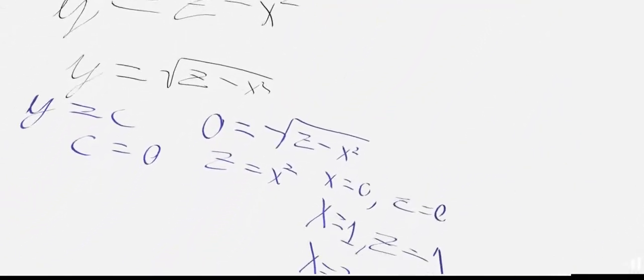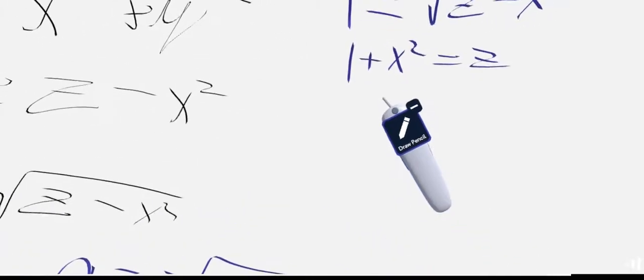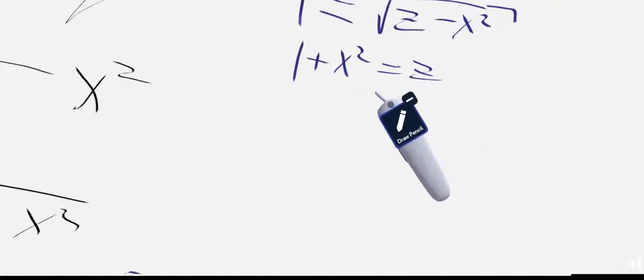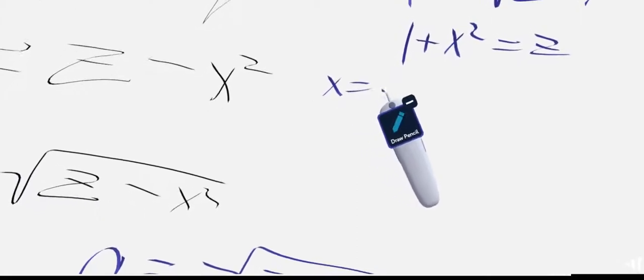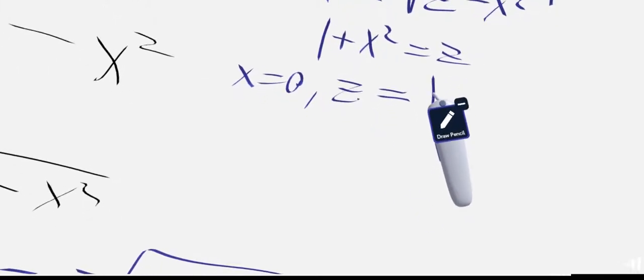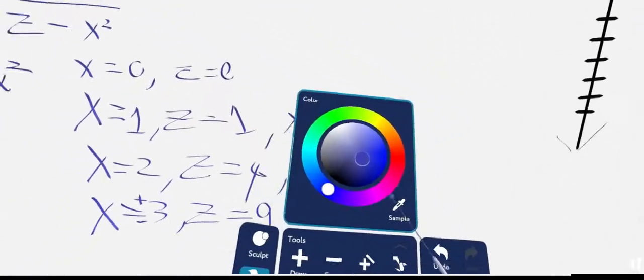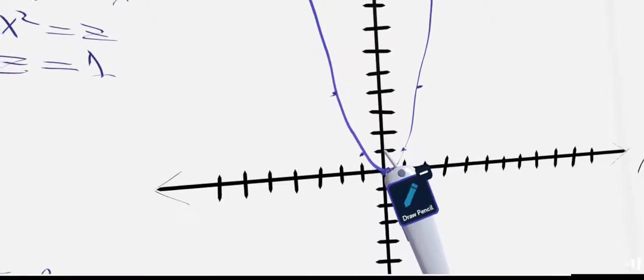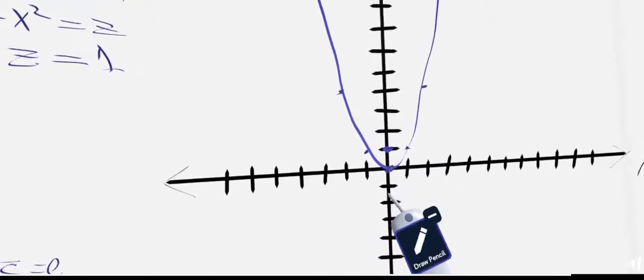And the only difference really is, as you can see, when you plug in, let's say x equals 0, then z will equal 1. So this went up to 0, 1.